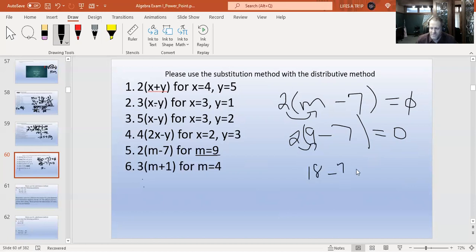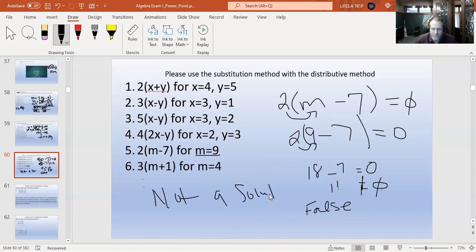Minus 7 equals 0. That's going to be 11 equals 0. This is false. This is not a solution because this number has to equal that number on that side. So this is false, so not a solution.